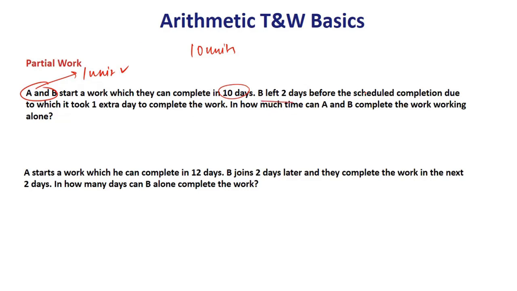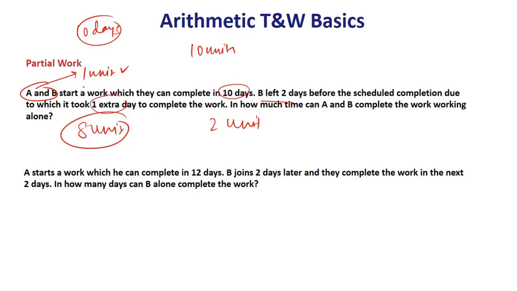B left 2 days before the scheduled completion. Now the scheduled completion was 10 days. So B left 2 days before that. So B left after 8 days. So in 8 days, 8 units of work has been done. 2 units of work is remaining. And it took 1 day extra.